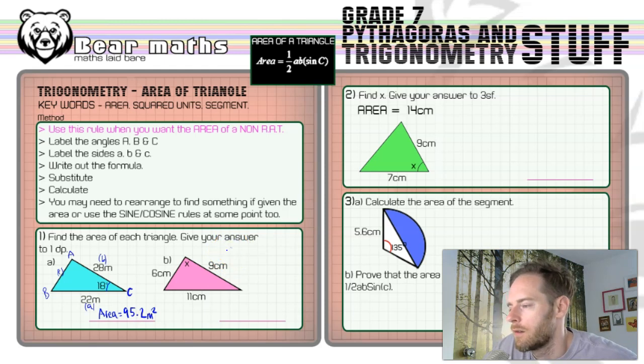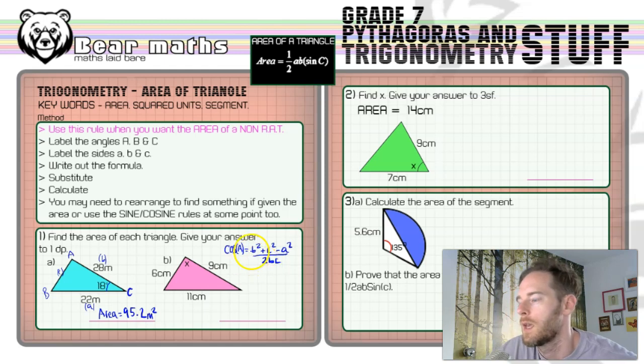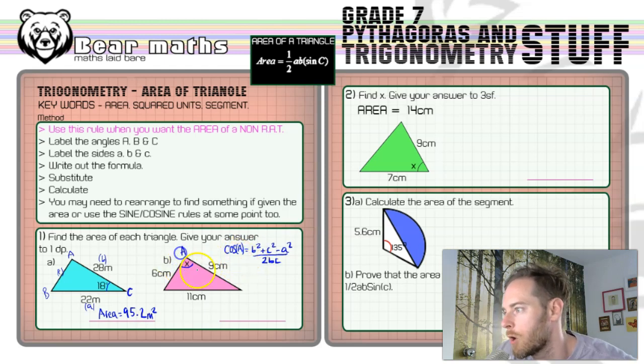So yes, the cosine rule for finding angles is cos A equals b squared plus c squared minus a squared over 2bc. If we substitute the correct numbers into that, we'll inverse, and then we'll find this angle A. So we're going to call that A at the moment.